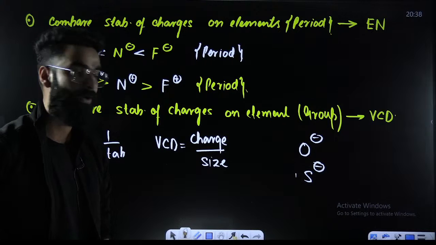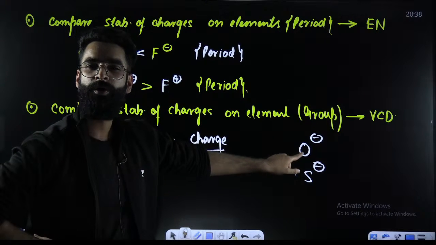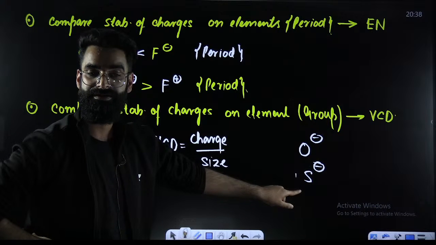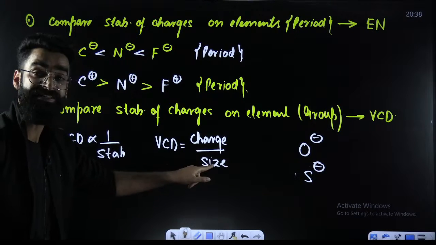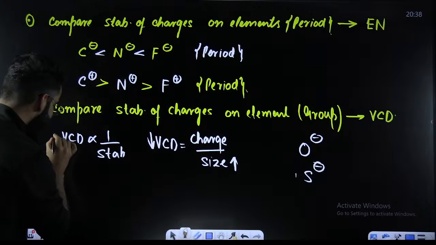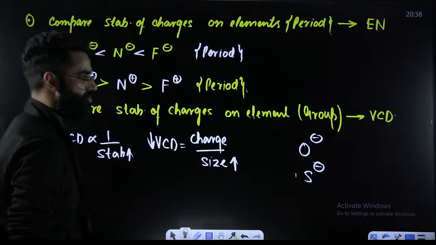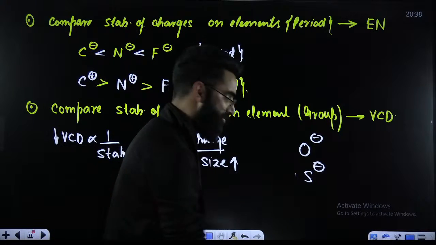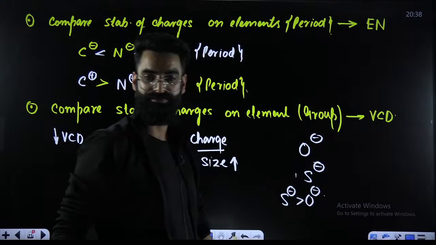Now, where is the size more? On moving from top to bottom, size increases. So sulfur has more size. More size means less VCD. Less VCD means more stability. So negative charge on sulfur is more stable than negative charge on oxygen.